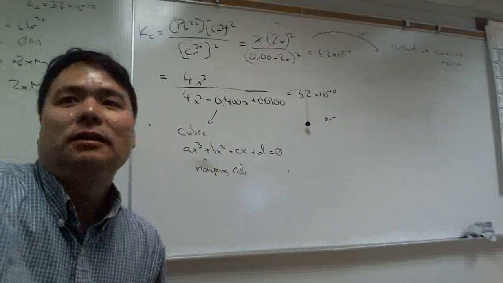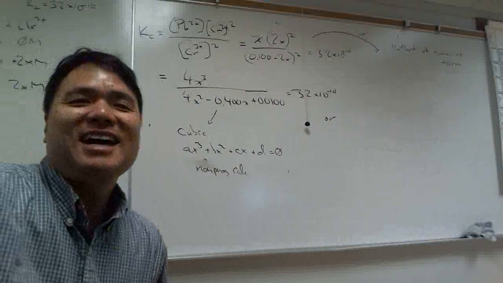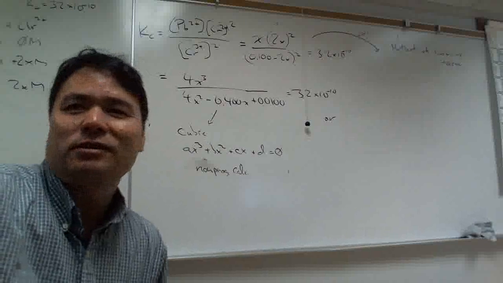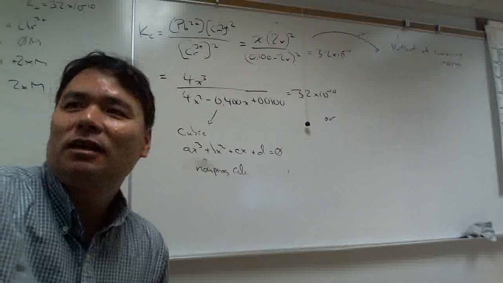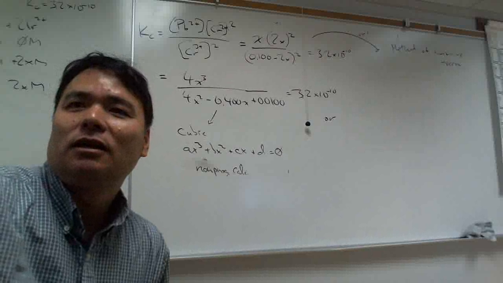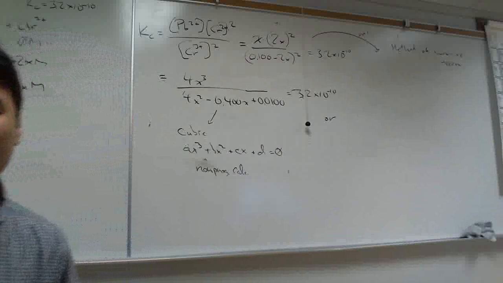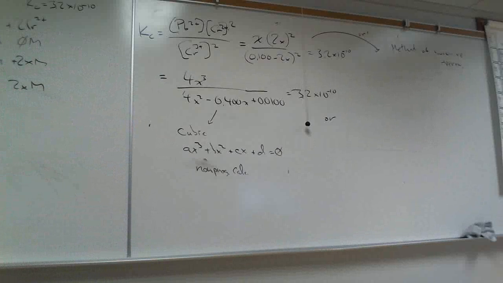Are there any other tricks I might be able to use to make my life easier? See, so I either buy the calculator, this is like 20 bucks, or I use the method of successive approximations, which is free.